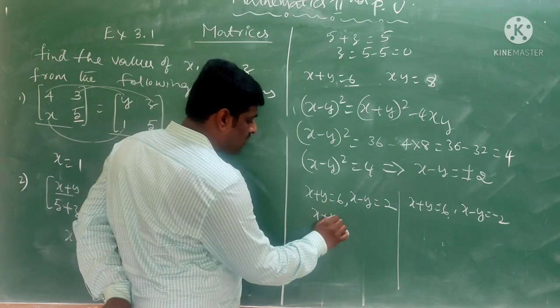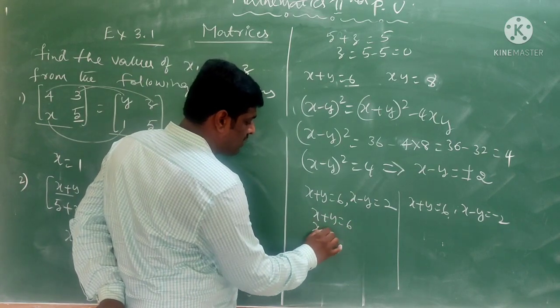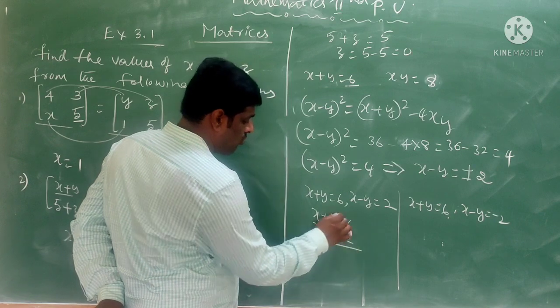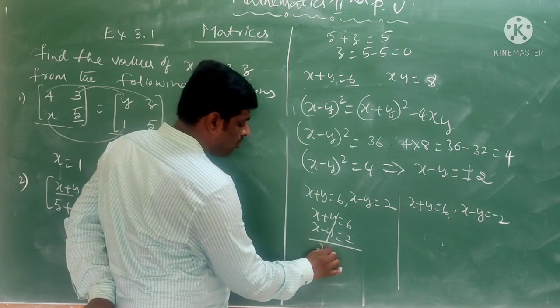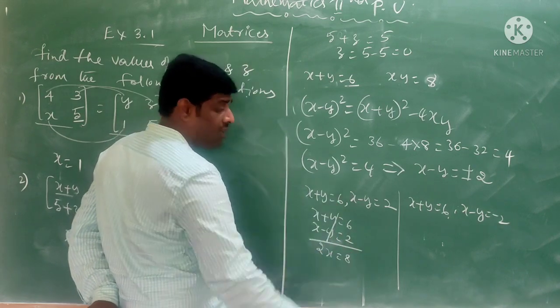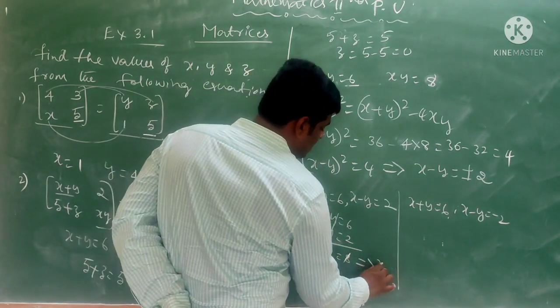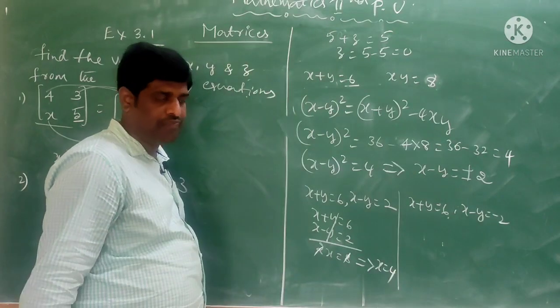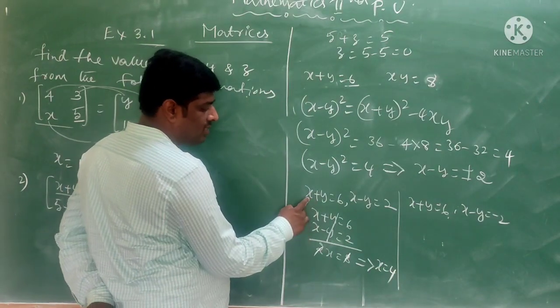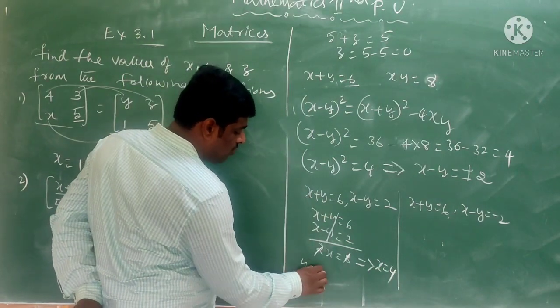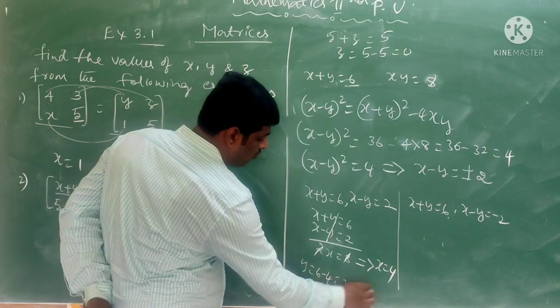X plus y is equal to 6, x minus y is equal to 2. Y cancels. 2x is equal to 8. 2 1s are 2, 2 4s are 8. x is equal to 4. Next, x is equal to 4 means y is equal to 2.